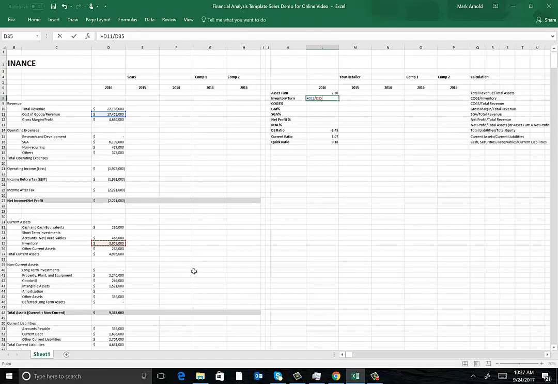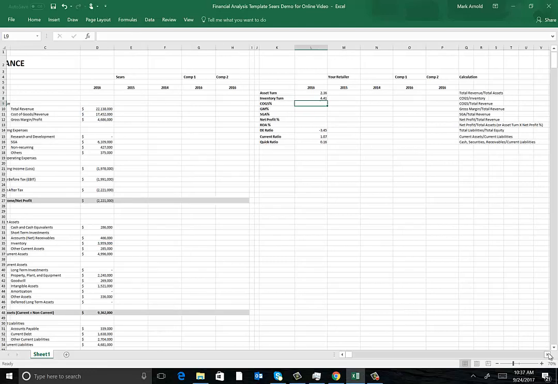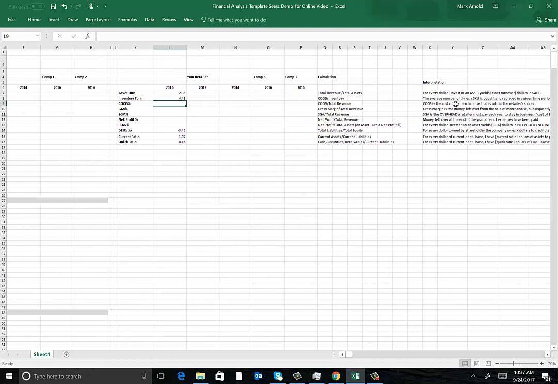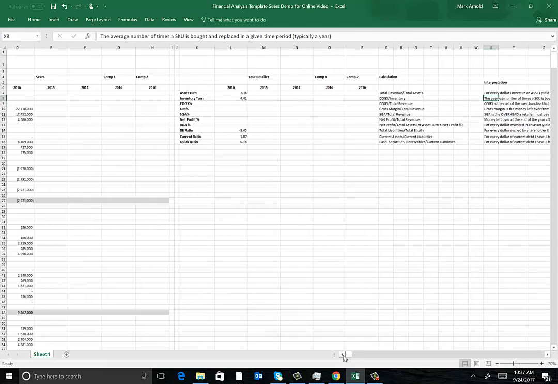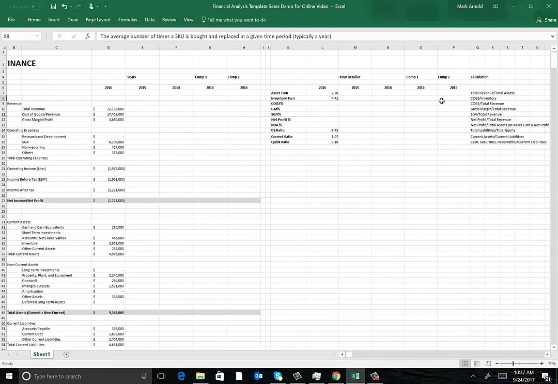Right there. Enter. Inventory turnover of 4.41. And again, looking at the interpretation, the average number of times a SKU is bought and replaced in a given time period. All right? So 4.41 for Sears.